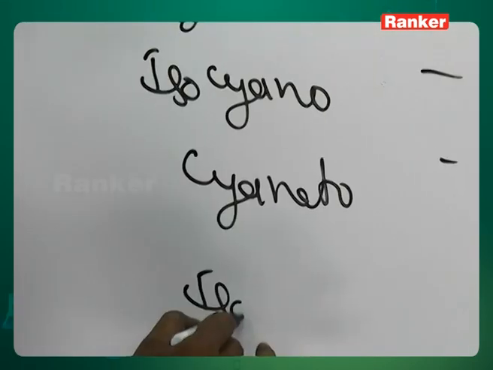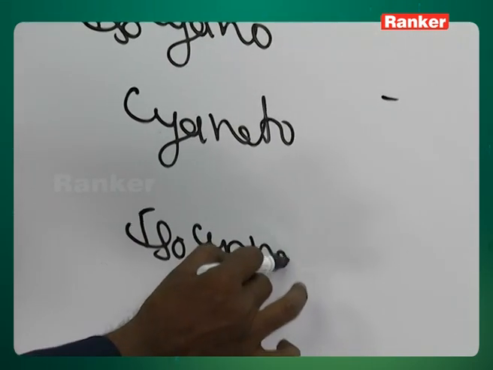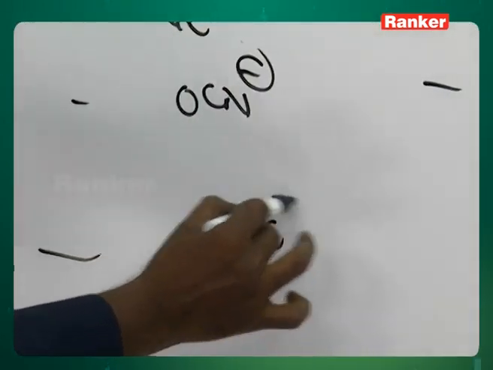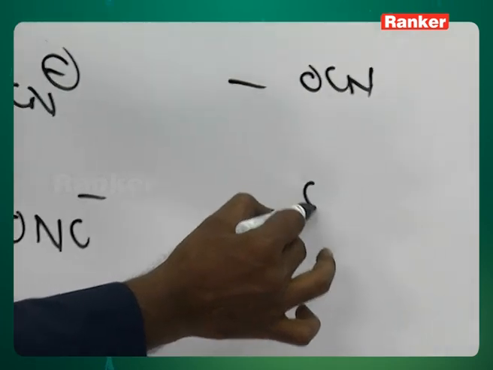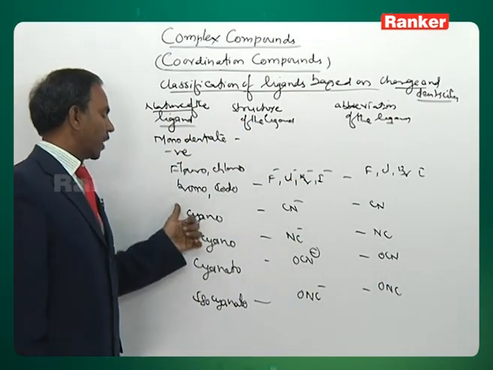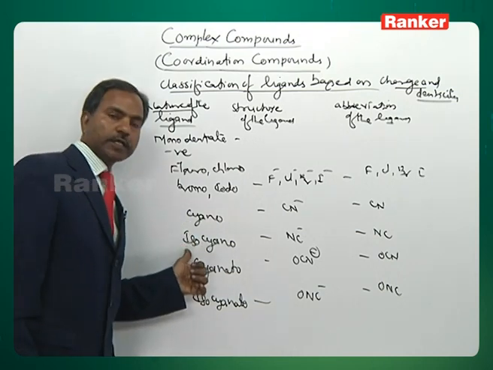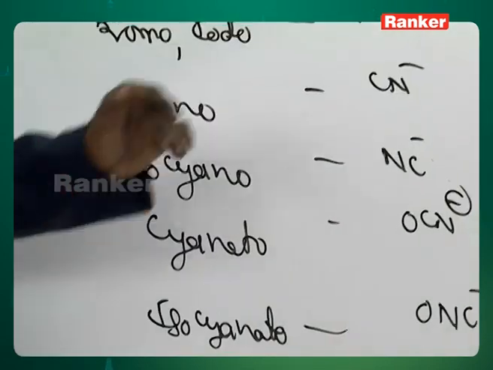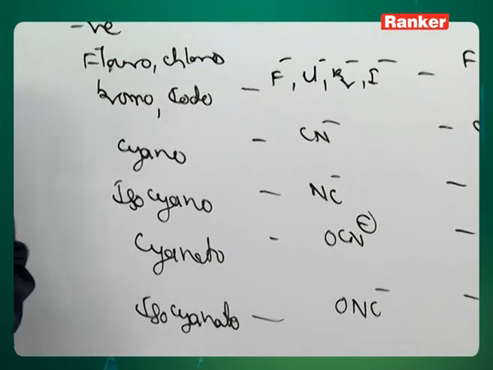Isocyanato is ONC minus. Like this: fluoro, chloro, bromo, iodo, cyano, isocyano, and again cyanato, isocyanato. These are some of the monodentate negative ligands.